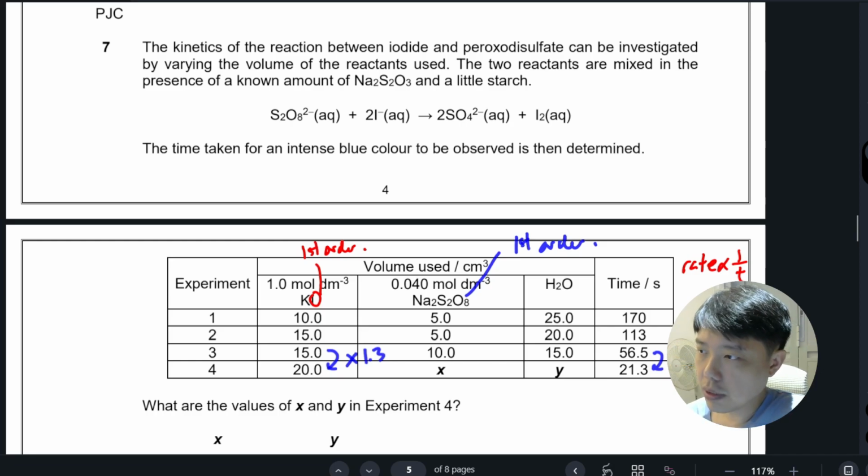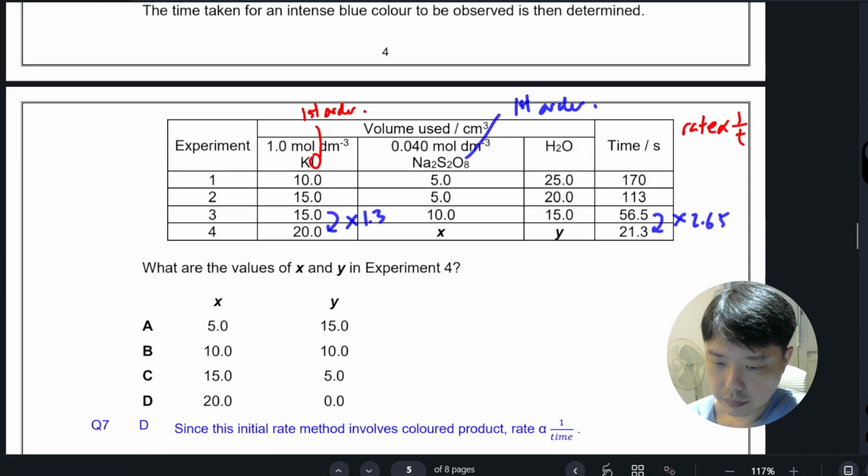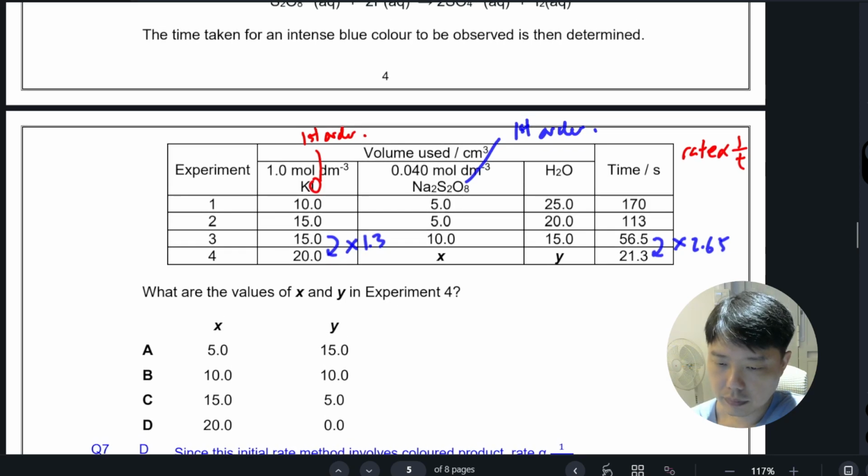Okay, so let's look at some of the options available. Sorry, it should increase by double, yeah, it should increase by double.